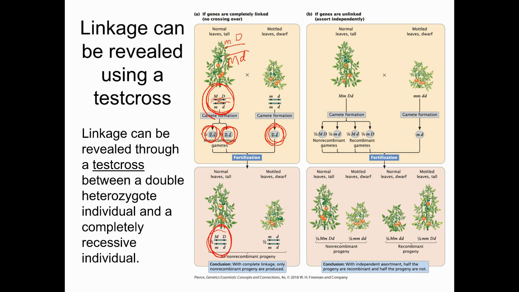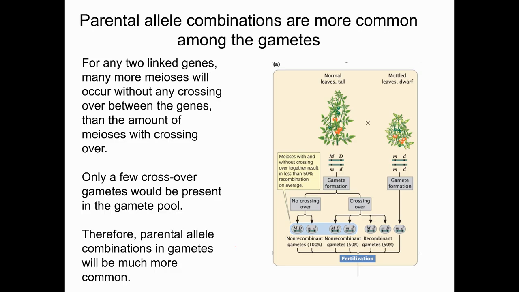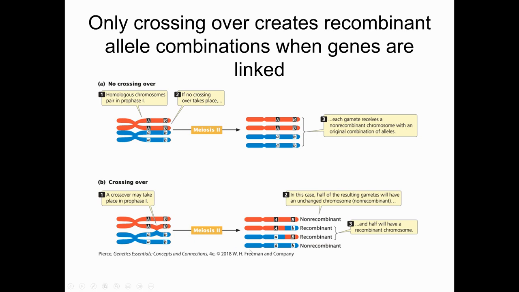And then some of the gametes that are little m, little d will be fertilized by little m, little d. But what this picture doesn't show is those very few gametes from the double heterozygous parent that had that crossover in them. So we'll go to the next slide. We'll get to see that.